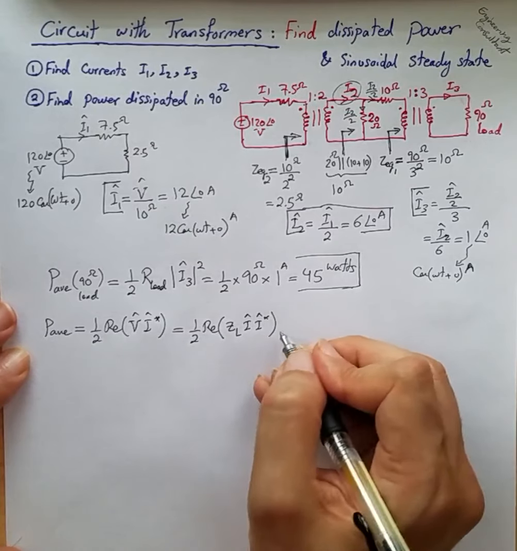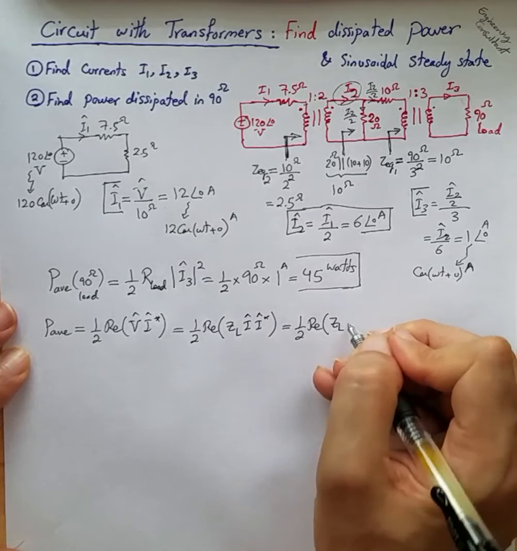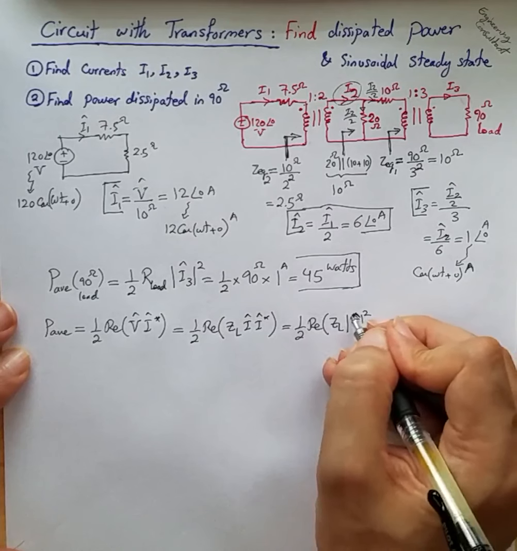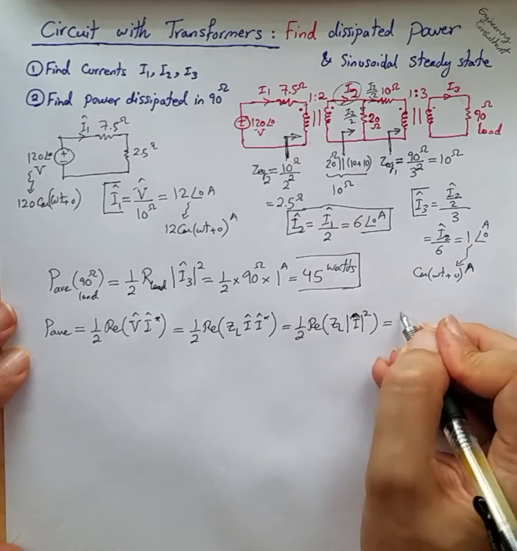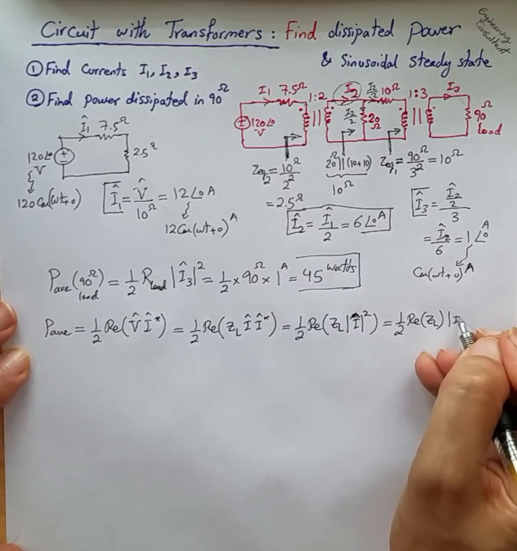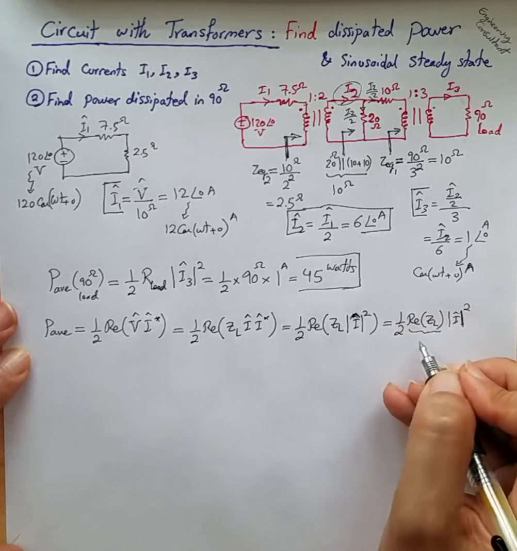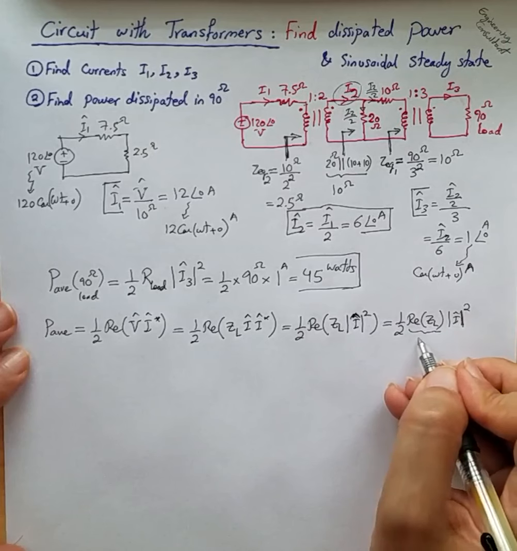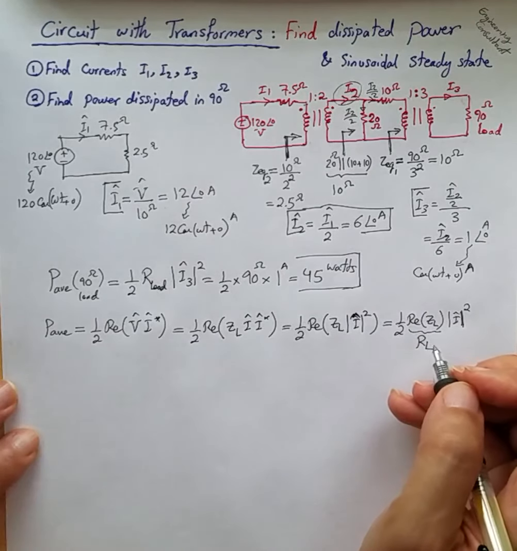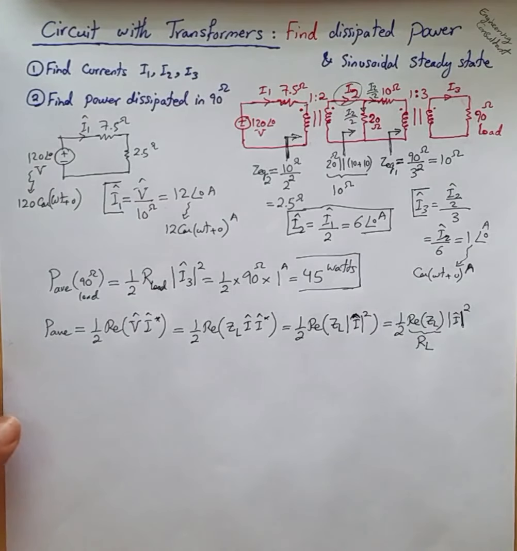This is one half the real part of ZL, and I times I conjugate is just the amplitude squared of the current, so it is the real part of the load times the amplitude of the current squared. In this case, since the load is purely resistive, it's just the load itself. This is referred to as active power, which is the power completely dissipated in this 90 ohm load. Hope this is helpful.